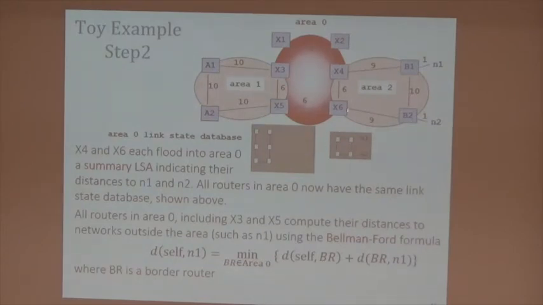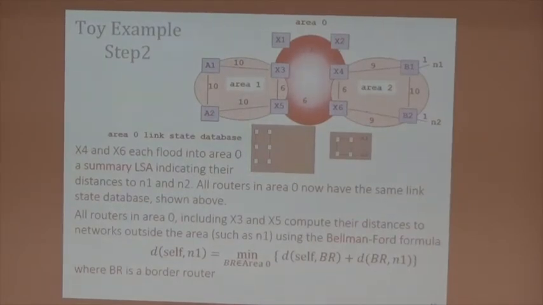So X4 will use link state advertisement to give this information to all routers in area 0, saying, I am connected, I have a distance to N1, which is 10, and a distance to N2, which is 16. So they will give the distance information.